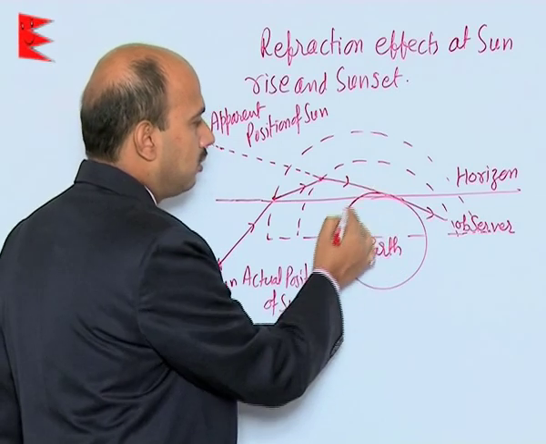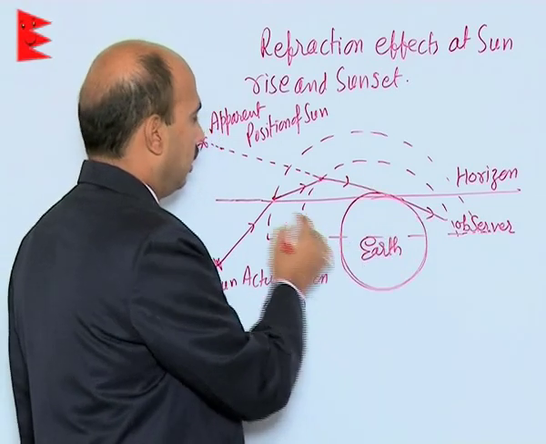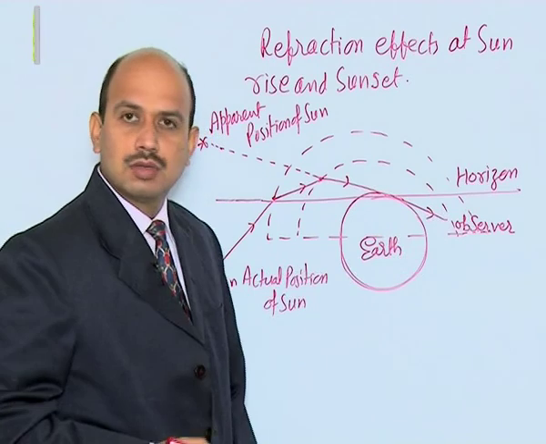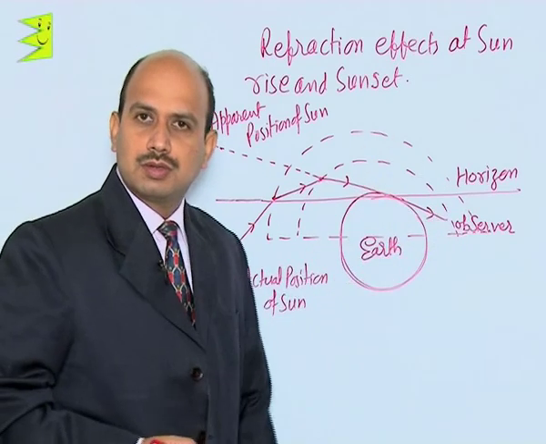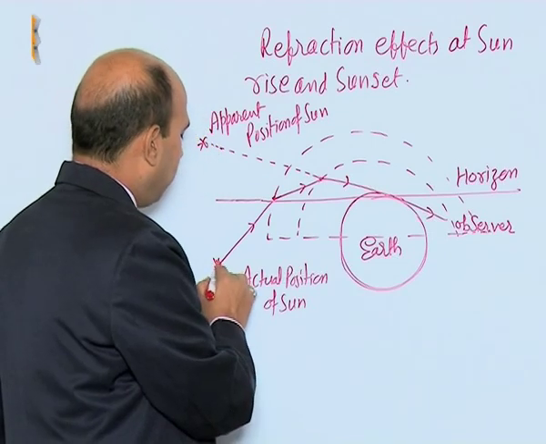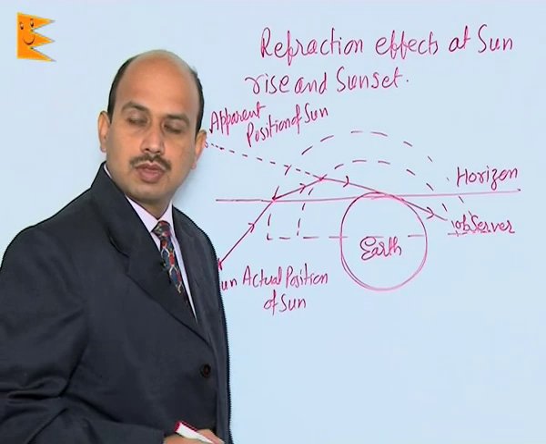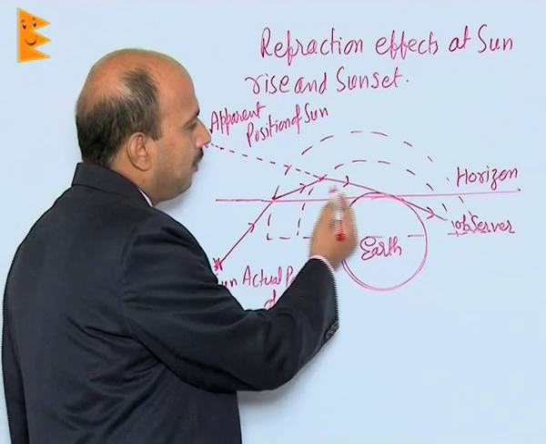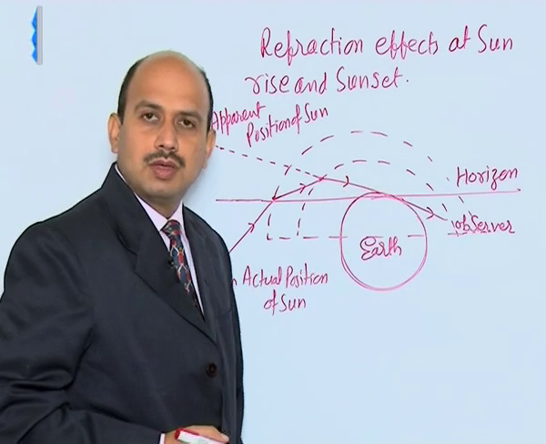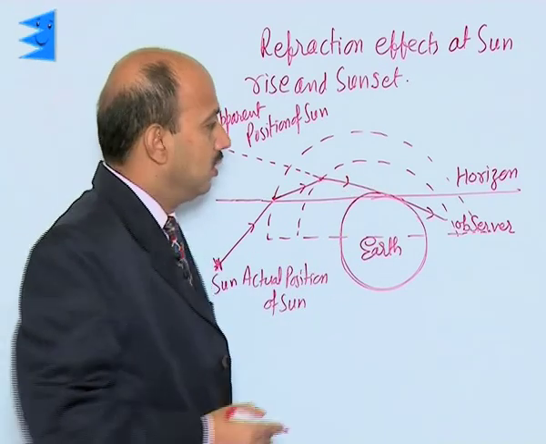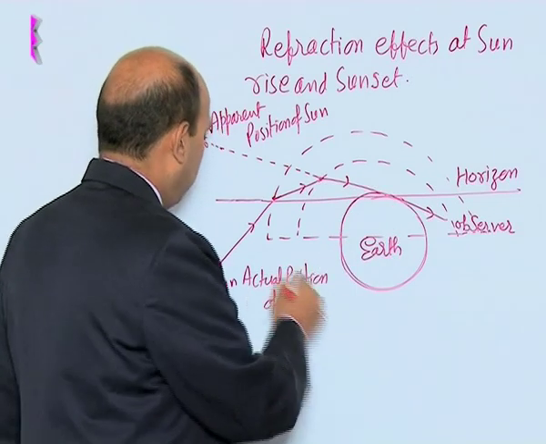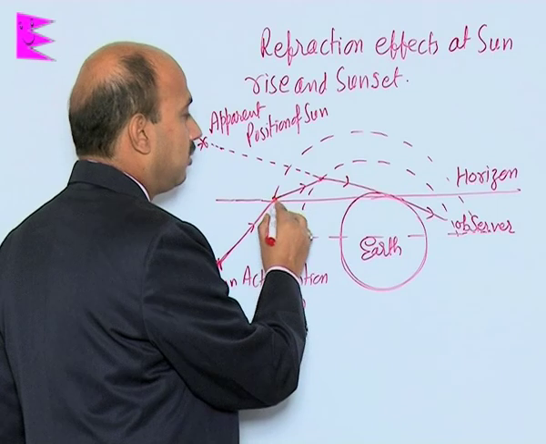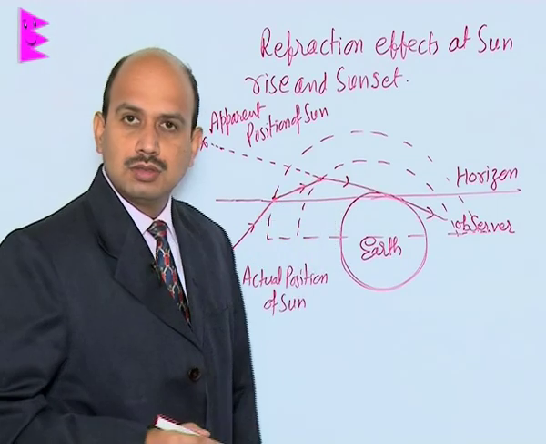Suppose this is the earth here, this line is the horizon, and this dotted line shows the 2 layers of the atmosphere. I have taken the sun below the horizon. Now, the sun's rays will be coming from rarer to denser medium, so there is a slight refraction. When the sun's rays come here, they get refracted by a small angle.